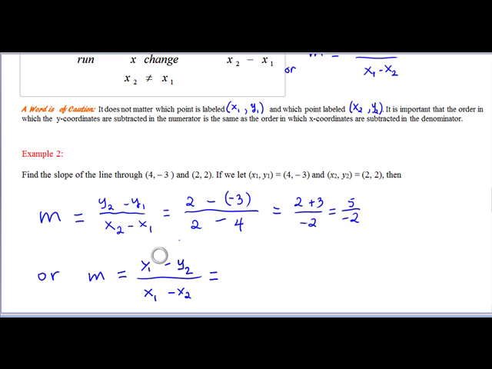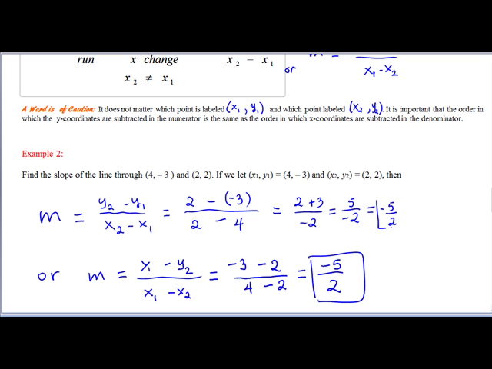In this case, y1 is minus 3, minus y2 which is 2, over x1 which is 4 minus x2 which is 2, which is again minus 5 on the top over 2. You see the value is exactly the same. This you can rewrite as minus 5 over 2.